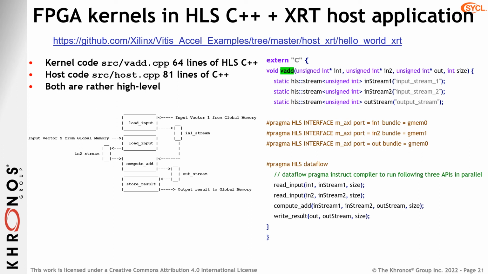For example, in an FPGA context, I can start with an HLS C++ application where you have a specific vector addition and an XRT C++ host code, and the kernel is defined with some C++ API plus some pragmas to specify how you want to organize your data transfer.